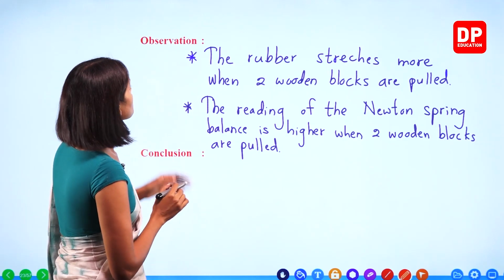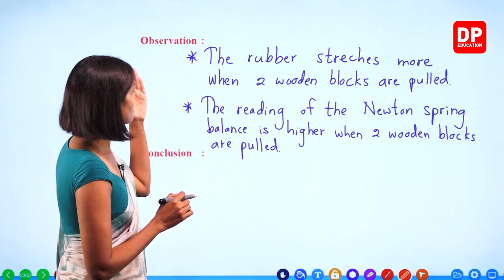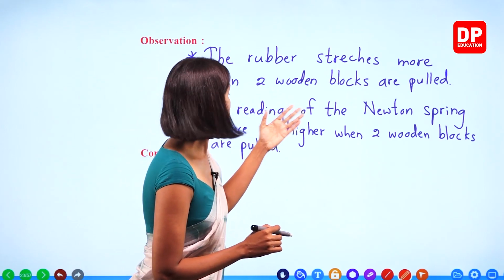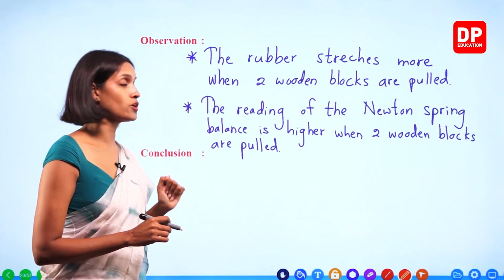Right, children? The rubber band stretches more when two wooden blocks are pulled. The reading of the Newton spring balance is higher when two wooden blocks are pulled.